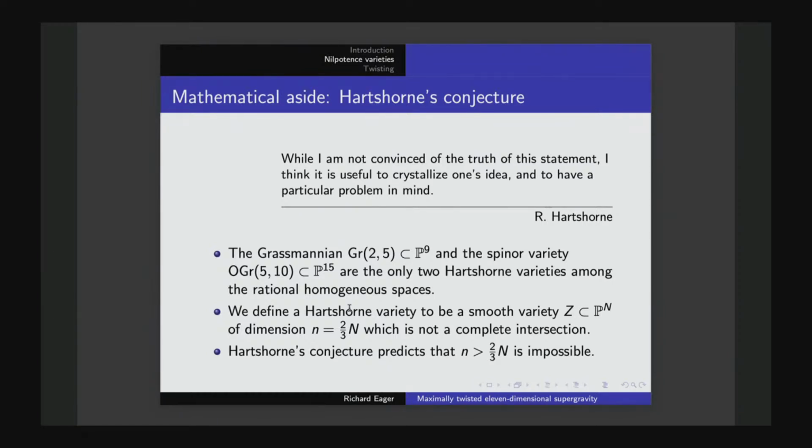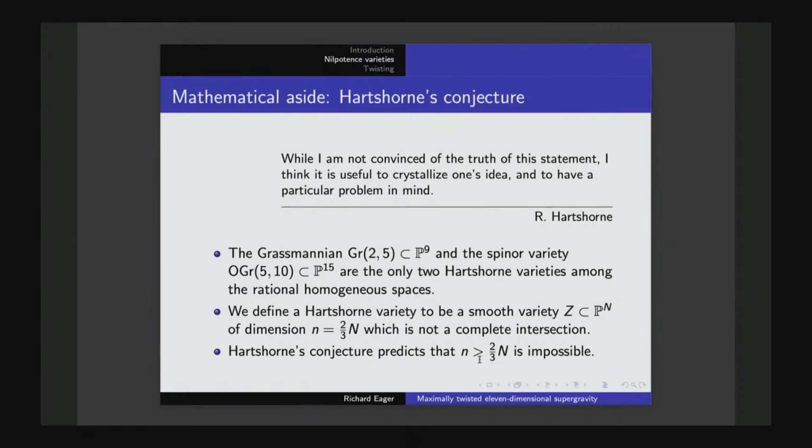And the motivation for Hartshorne varieties is somewhat closely connected to the idea of twisting. So a Hartshorne variety is defined to be a smooth variety in Pn of dimension 2/3 n, which is not a complete intersection.